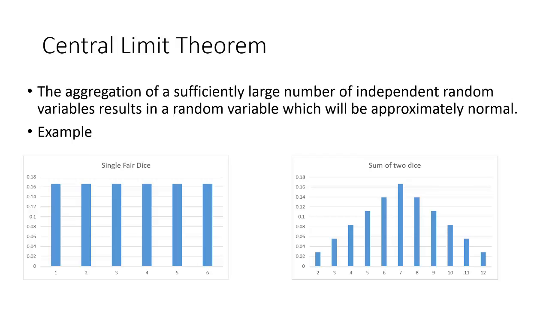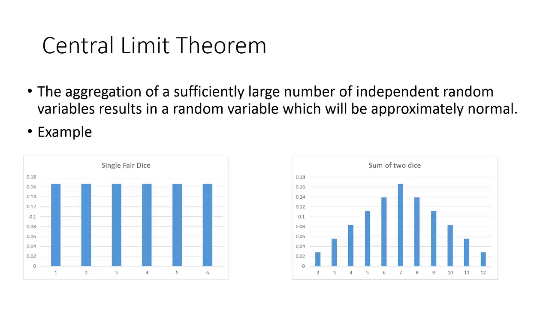Now central limit theorem says as long as I'm aggregating many such processes, so instead of asking you the simple question of the distribution associated with what I would get if I roll the dice once, I instead say I want to know the distribution associated with rolling the dice twice, and I'm going to add them up. So the first time I'll roll the dice and I'll get some number, I'll write it down. I'll roll the dice another time and I'll get another number, and I'm going to add those two numbers up.